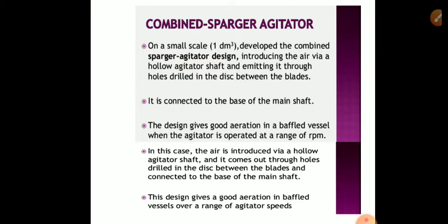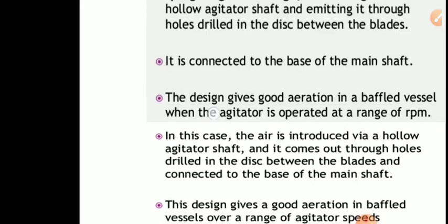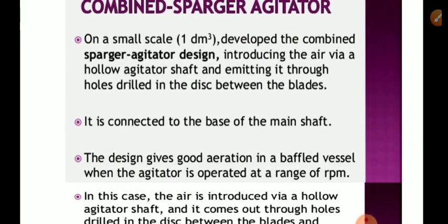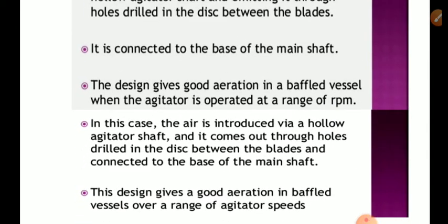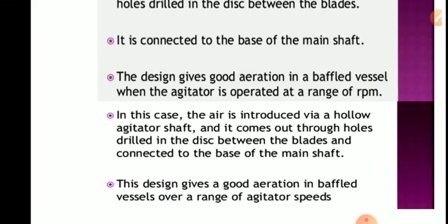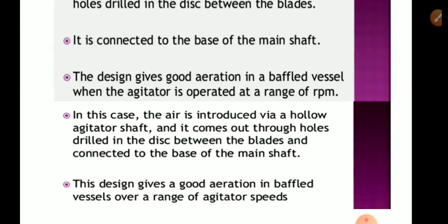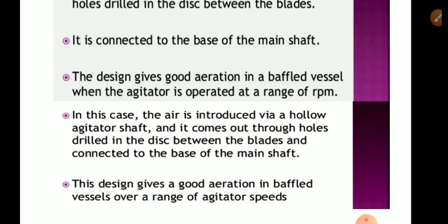On a small scale, when we do not use an air sparger, air can be introduced via a hollow agitator shaft and emitted through the holes drilled in the blades, that is the impeller. Is that clear? In this case, look at the last bullet point. Air is introduced via the hollow agitator shaft and comes out through the holes drilled in the disc between the plate connected to the base of the main shaft.